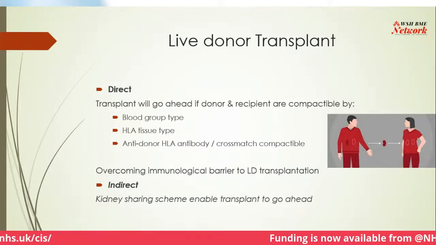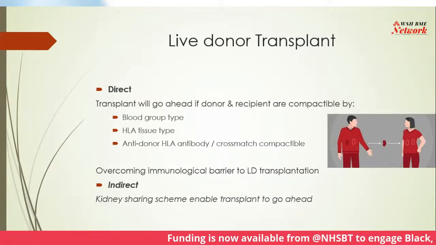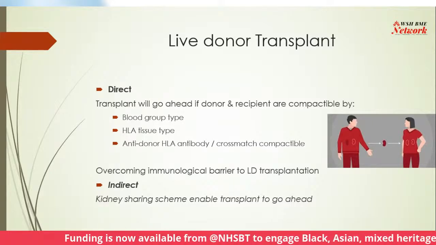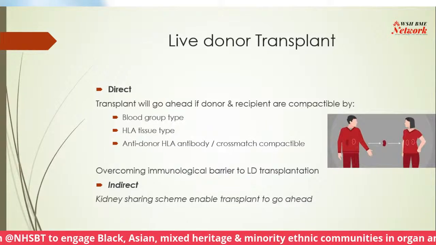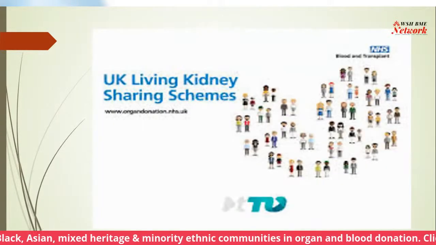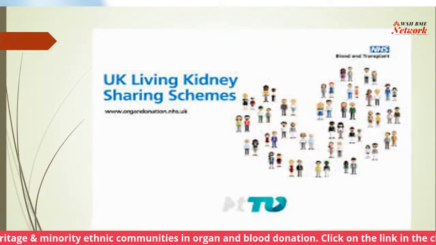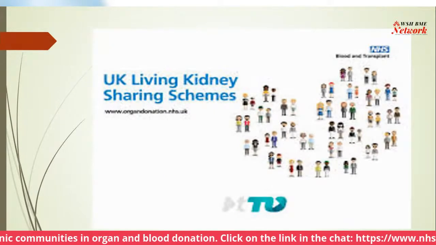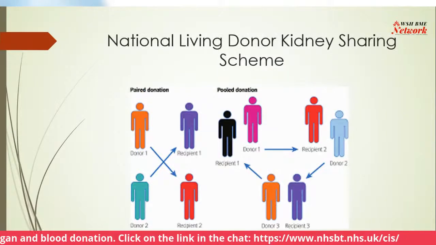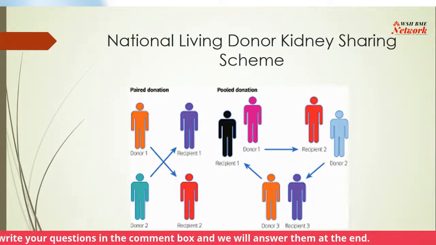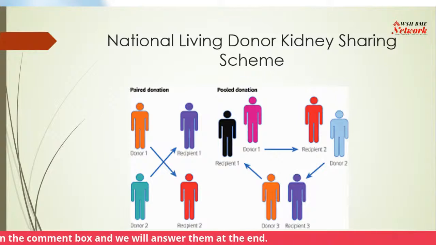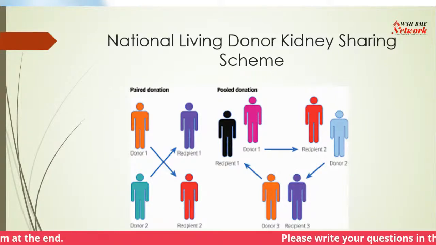Now, we call this the kidney sharing scheme. This has helped a lot and has contributed a lot to increasing the number of live donor transplants that are now possible. Now, this is the UK Living Kidney Sharing Scheme, and what happens? There are two types. We have the paired donation, and then we have the pooled donation. In the paired donation, donor 1 donates to recipient 2, and donor 2 donates to recipient 1.